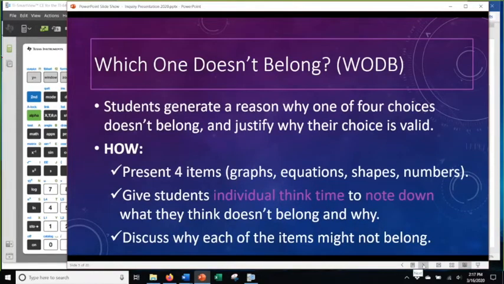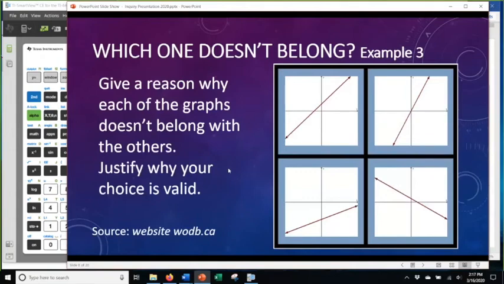There are many examples of which one doesn't belong on the internet, and there's an entire website, wodb.ca. So just take a quick minute, take a look at these 4 graphs of linear equations, of lines, and think about what you think doesn't belong and think of a reason.